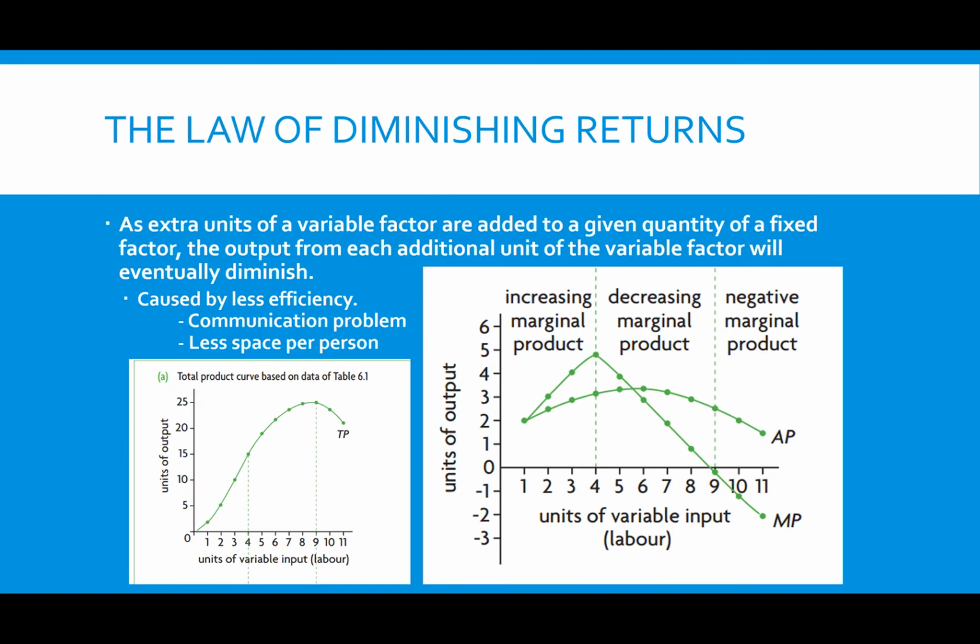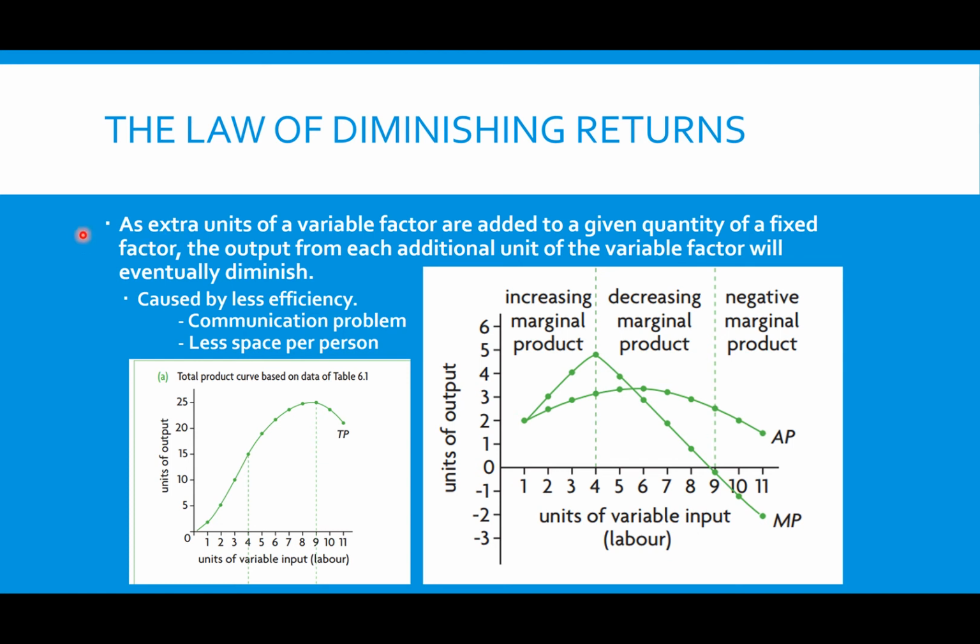So these trends or these shapes of graphs can be explained by using the law called the law of diminishing returns. Okay, this bold statement is the actual definition of this law.